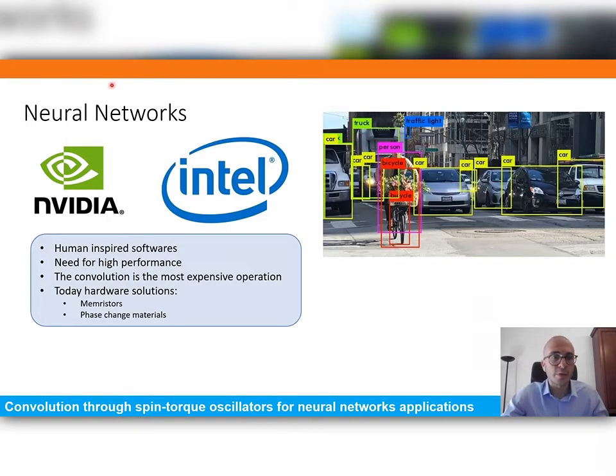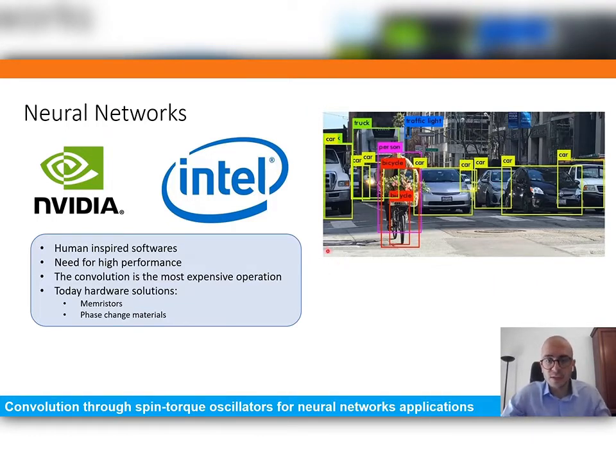But first, what are neural networks? Those are human-inspired softwares that are entering in every field of technology and also in our daily life. We can see here on the right an example of an autonomous driving vehicle, an image from those vehicles that need to understand at every moment what's happening in their surroundings.